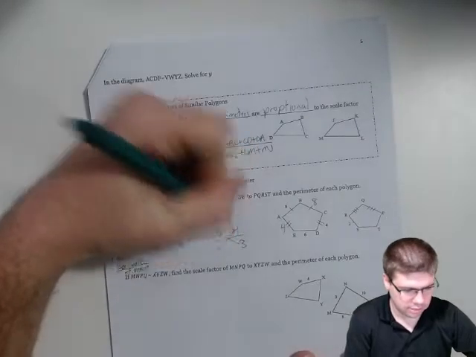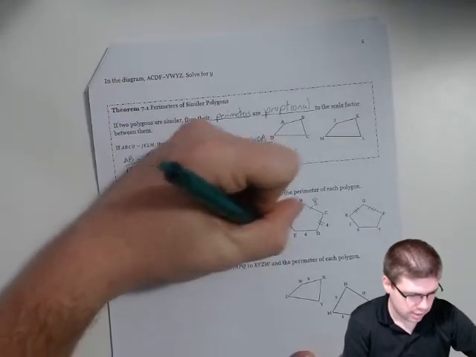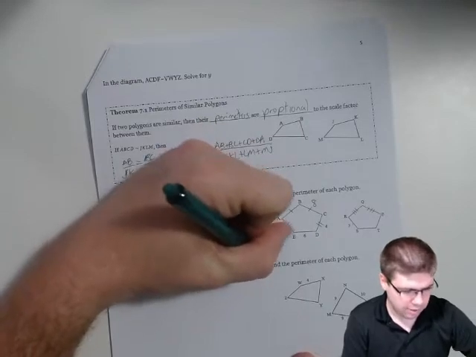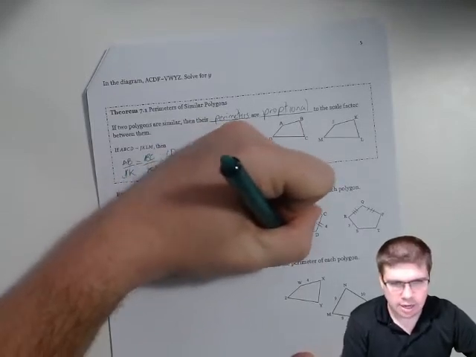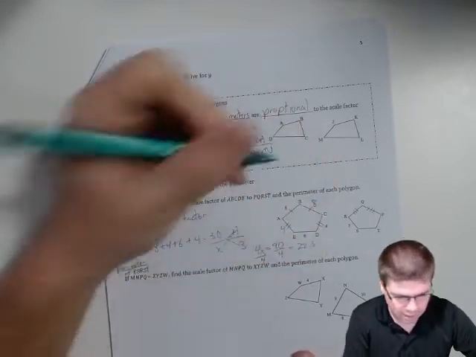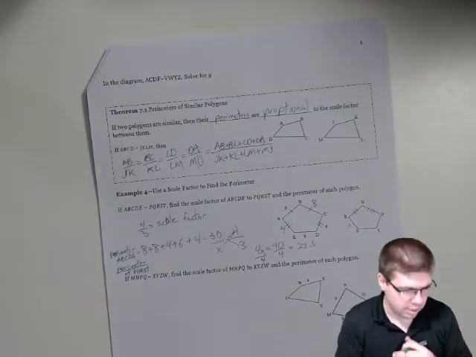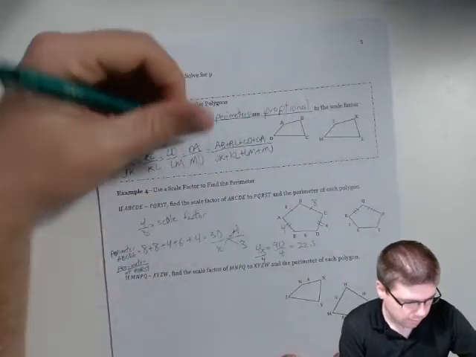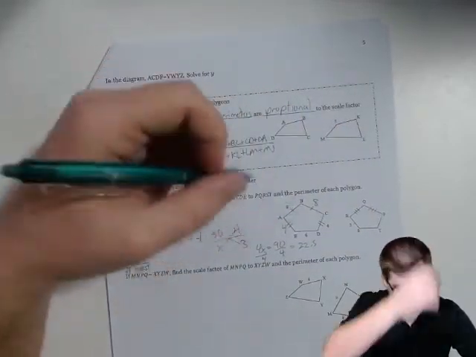3 times 30, 4 times X, so 4X equals 3 times 30, which is 90. And so then if we divide by 4, 90 divided by 4 is 22.5, or you can write the reduced fraction, but that is ultimately our perimeter of PQRST.